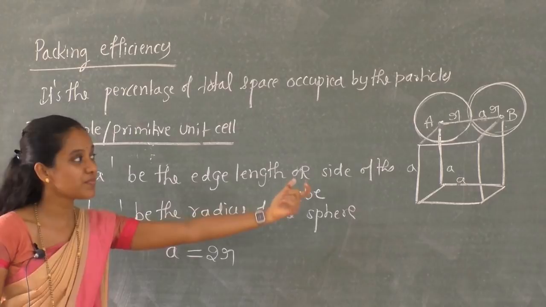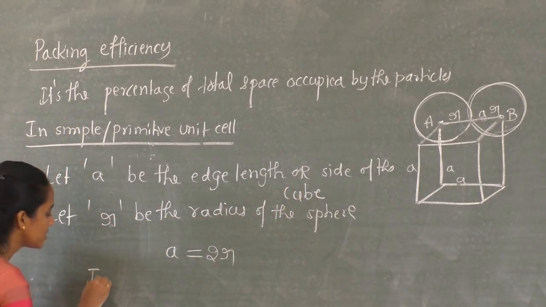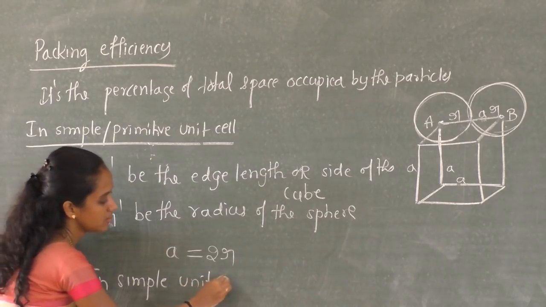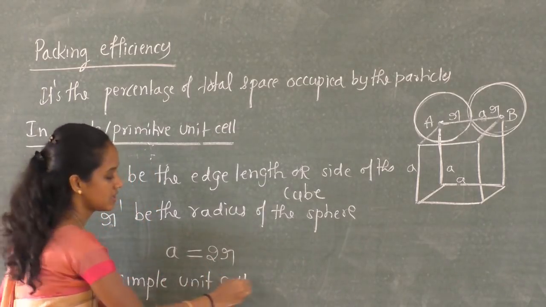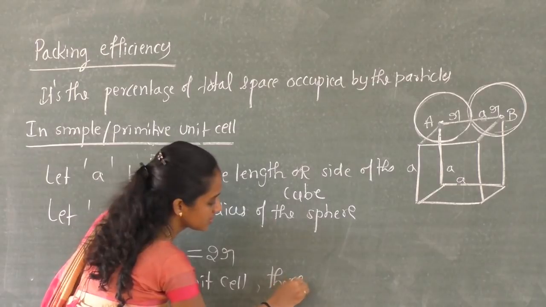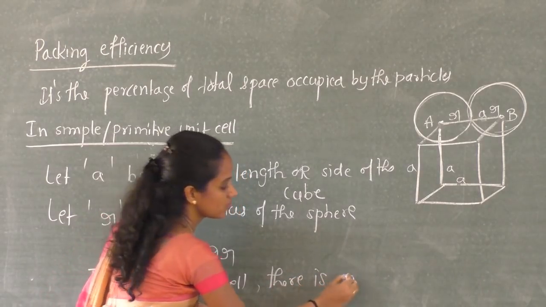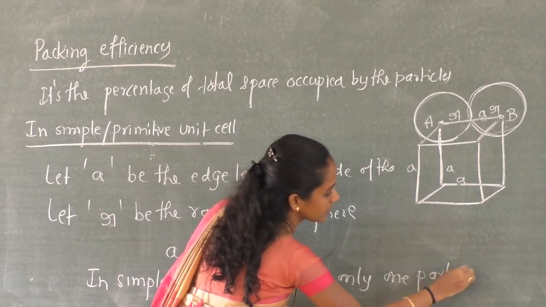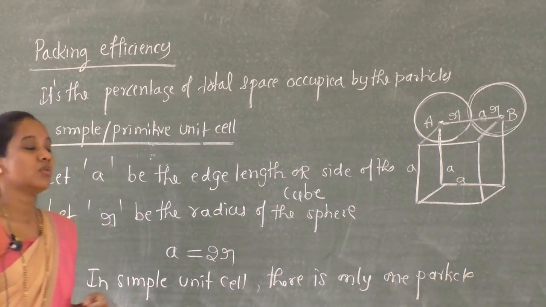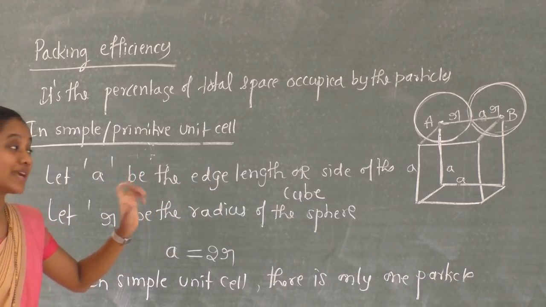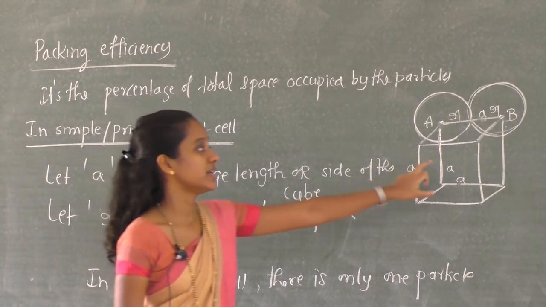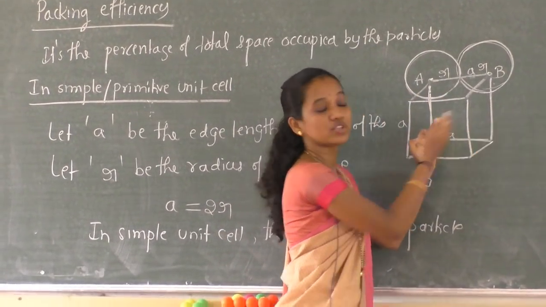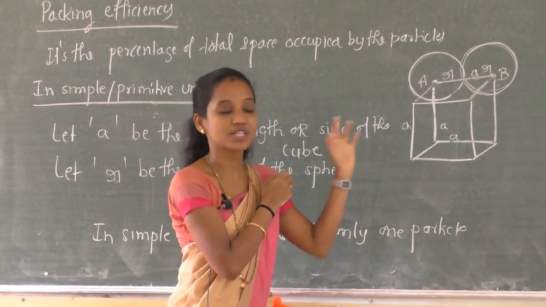Now, we have studied in a simple unit cell, or in a primitive unit cell, there is only one particle per unit cell. While doing the calculation of number of atoms per unit cell, we studied that in case of a simple unit cell, only one particle is present per unit cell. If you consider a BCC, what is BCC?